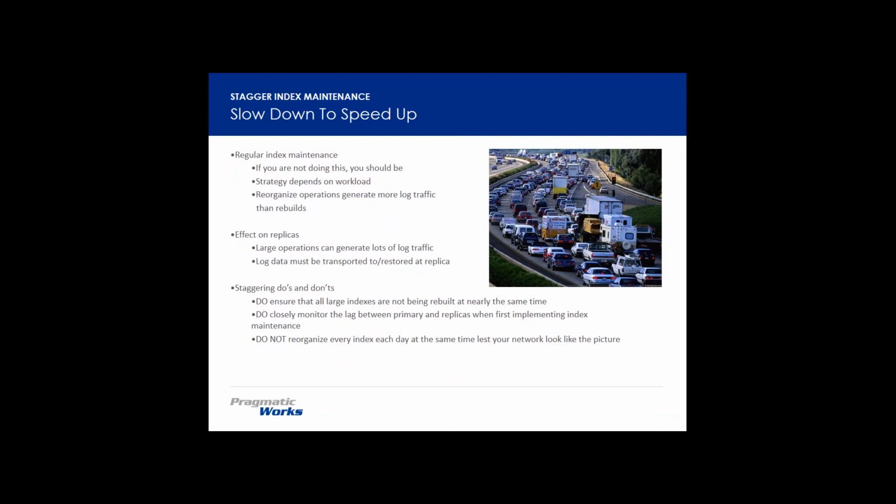And so what I've seen happen, and it's the reason for this slide, is if you have a database where you have kind of a concentrated maintenance period, the conventional wisdom would be to jam all of your index maintenance in there. Anything you want to reorganize, anything you want to rebuild, you do it all at once and keep it out of the way of the normal business operations of the system.